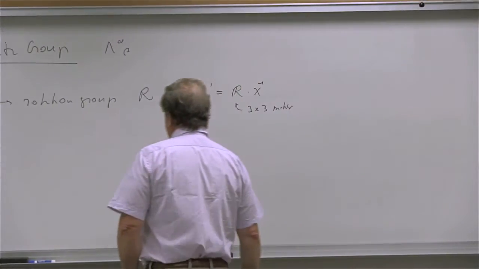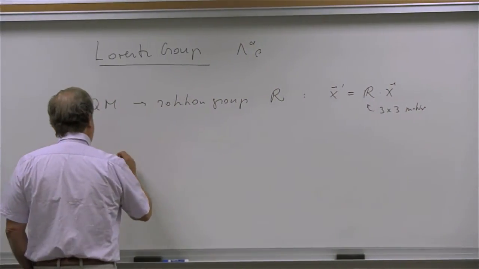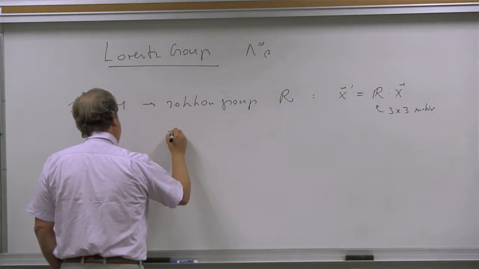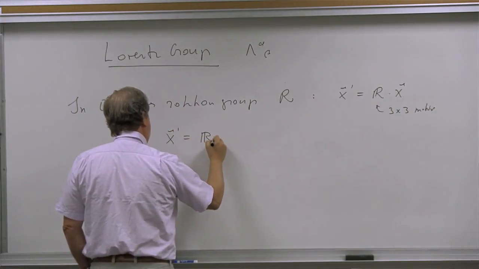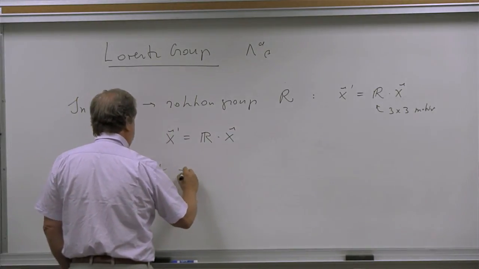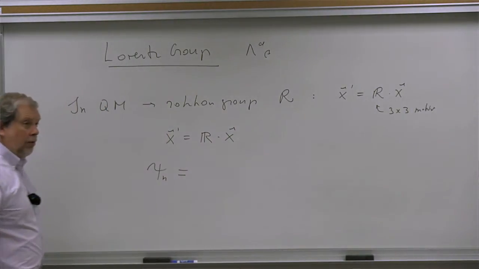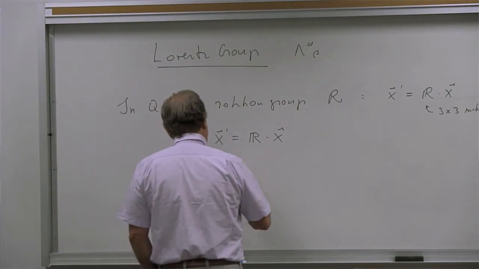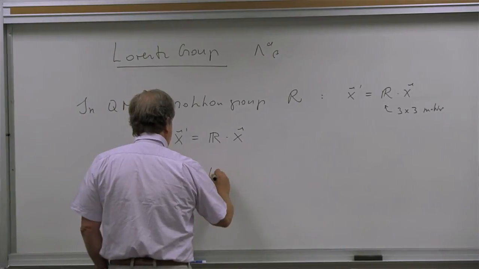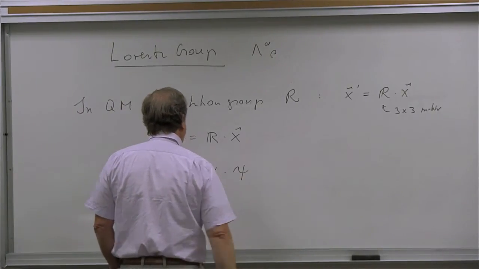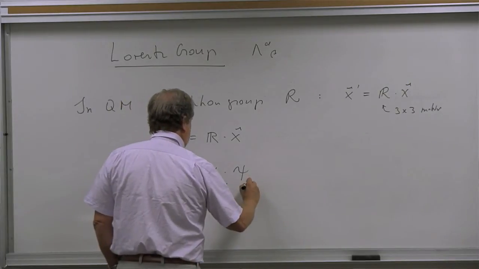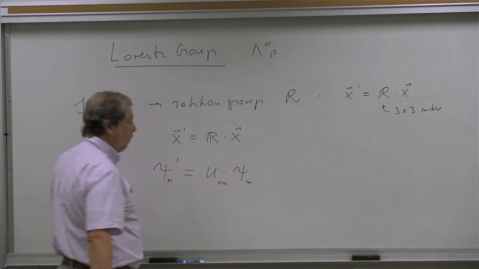And in quantum mechanics, we have for the vector x prime equal to R times x. In quantum mechanics, we have a wave function, and the component of the wave function is rotated through some matrix, which we call U, times psi. And this usually has components, so we write it in this way.